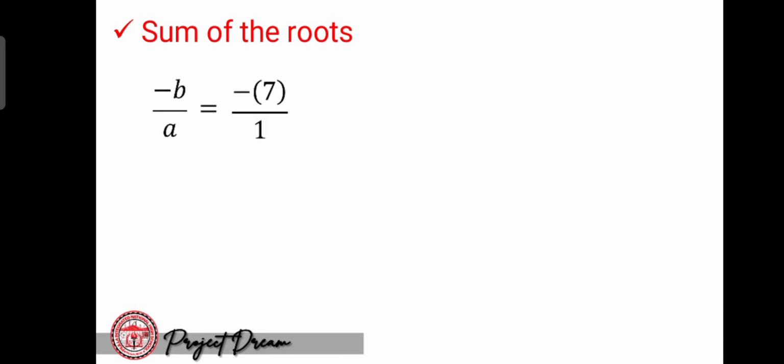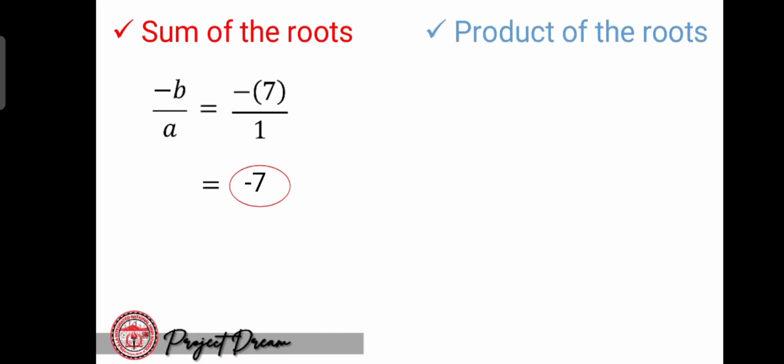The value of b is 7, so it becomes negative 7 at the numerator, and the value of a is 1, so we will write it at the denominator. So it becomes negative 7 over 1, or we simplify it so it becomes negative 7. So the sum of the roots is negative 7.